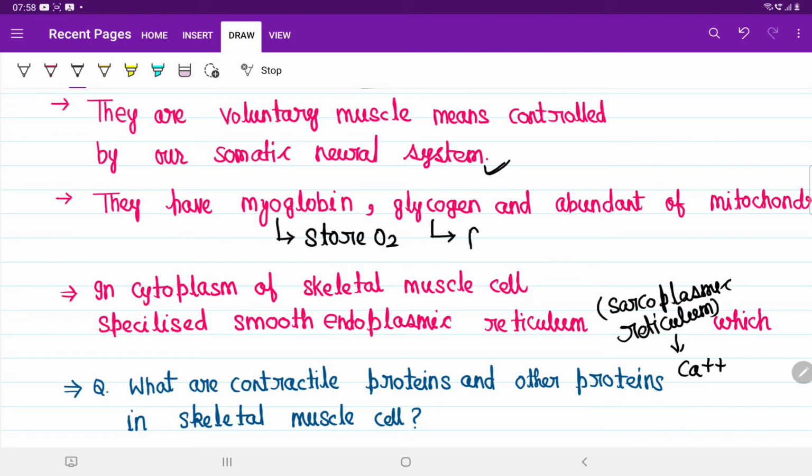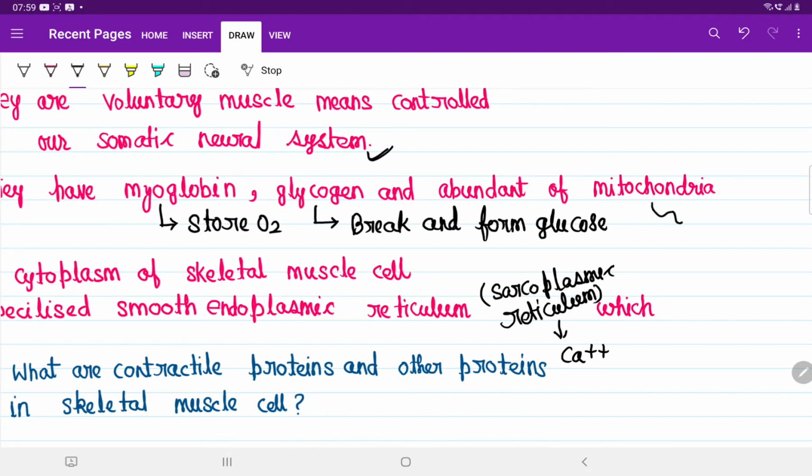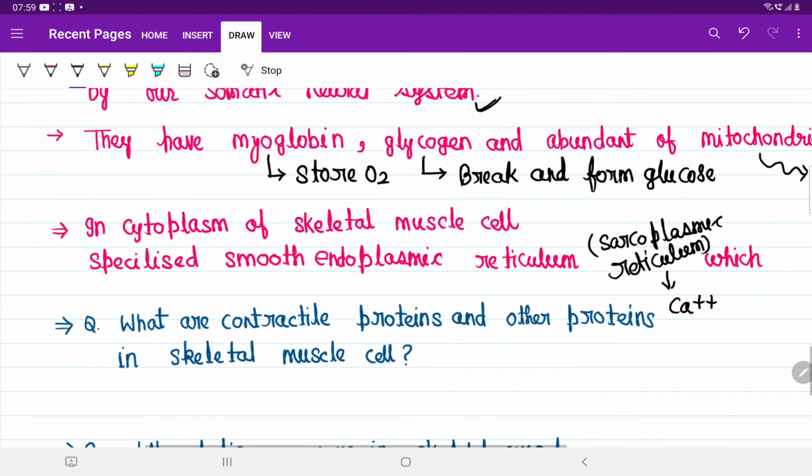This glycogen will break down and form glucose whenever required, and they have a lot of mitochondria also, which produce ATP, which is the source of energy for this muscle cell, right?